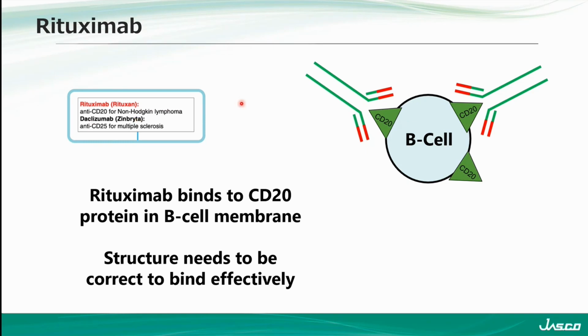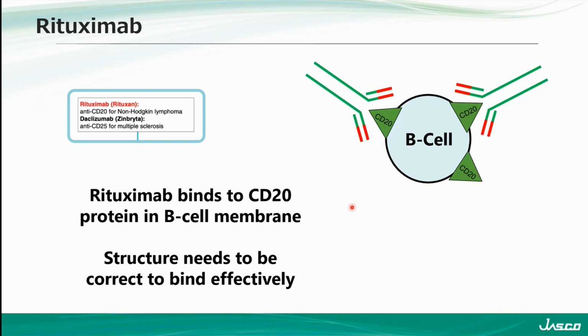And in order for this interaction to really take place, the structure of the antibody really needs to be correct in order to have effective binding to whatever its target site is. And so we really need to make sure that the heavy and light chains are what we think they are.